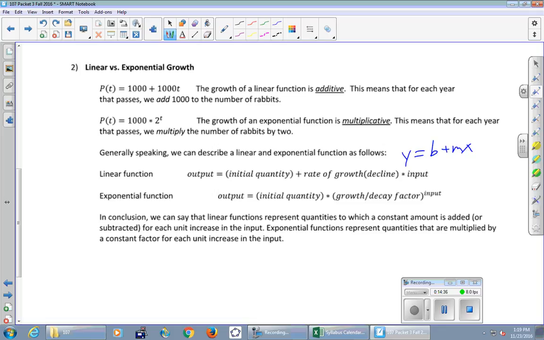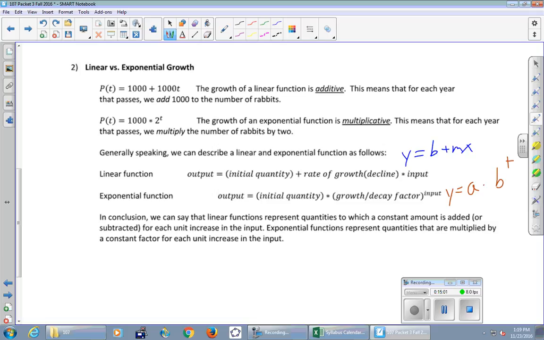Okay, and then for the exponential stuff, y equals, so I'm going to use, what letters did we use the other day? I think we used this, a times b to the t. Okay, so y, that's the output. Initial quantity is which letter? It's a. What was it for the rabbit, 1,000 times 2 to the t?